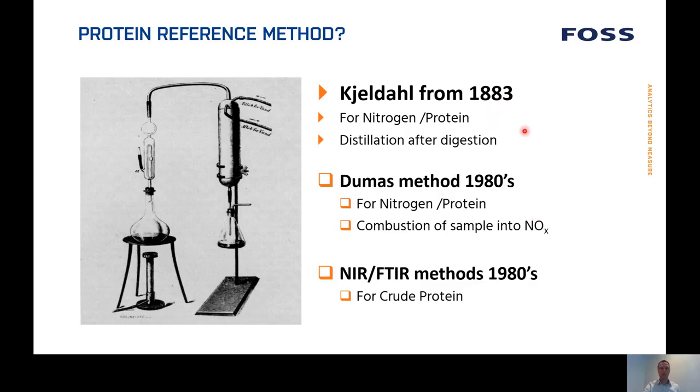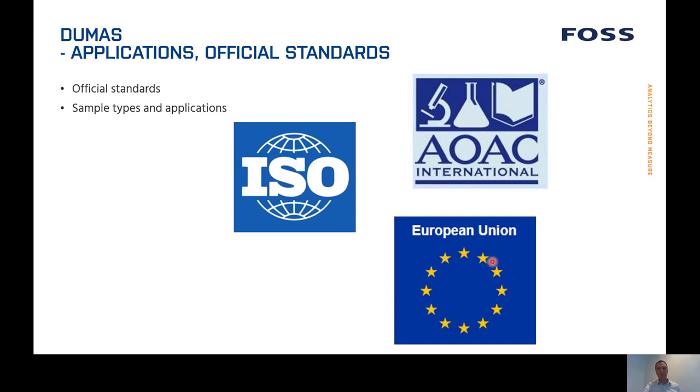This is a chemical method, and the FCR method is also from the 80s. So there are different ways of measuring protein or nitrogen. And the Dumas method is also in official standards, for these ISO and AOAC methods.